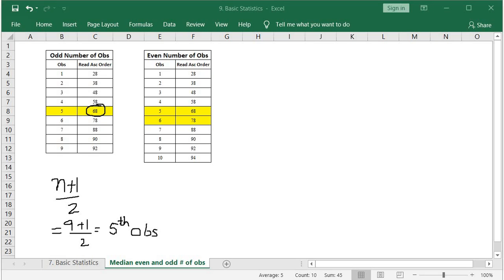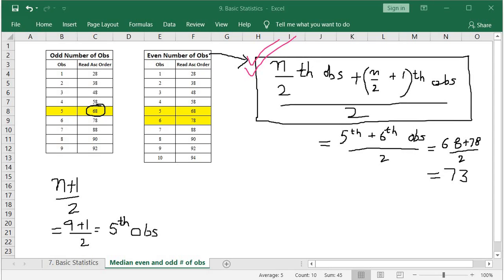Now let's talk about an even number of observations. When you have an even number of observations, the formula becomes the n divided by 2th observation plus the n divided by 2 plus 1th observation, and you add up those two observations and divide by 2, which means that you take the average of these two observations. Let's try to understand it with the example.